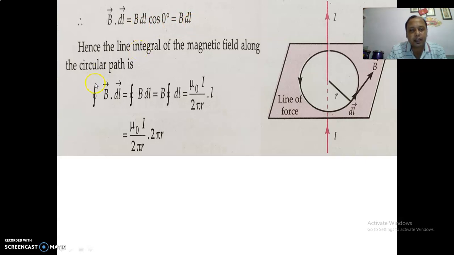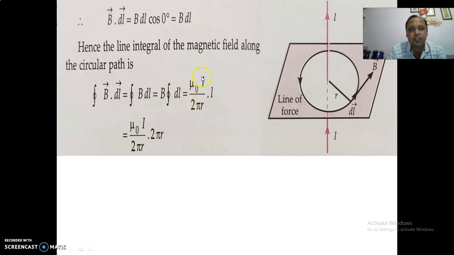Now, according to Ampere's Circuital Law, the integration over the closed loop of B dot dl can be written as integration B dl, because cos 0 is 1. So B comes out of the integration, leaving integration dl. dl is the small length element; if you integrate it, you get the whole circumference. If we write the value of B from the previous page, it was mu naught by 2 pi, I by r.